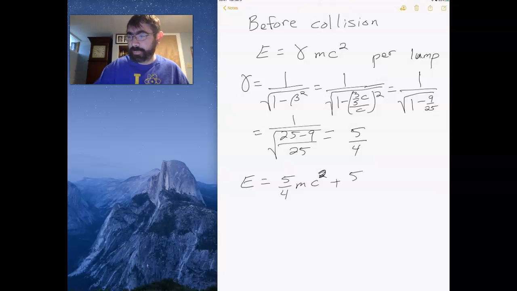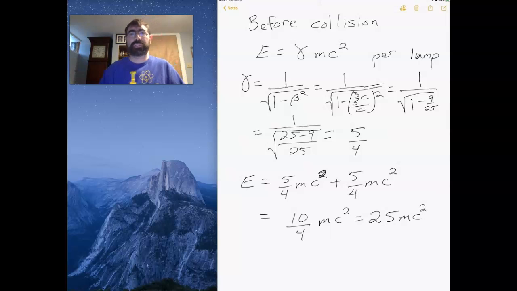I have to now add two of them because there are two lumps of clay. So if I add that together, I get 10/4 mc squared, or 2.5 mc squared. Now we can set it equal to the final energy.